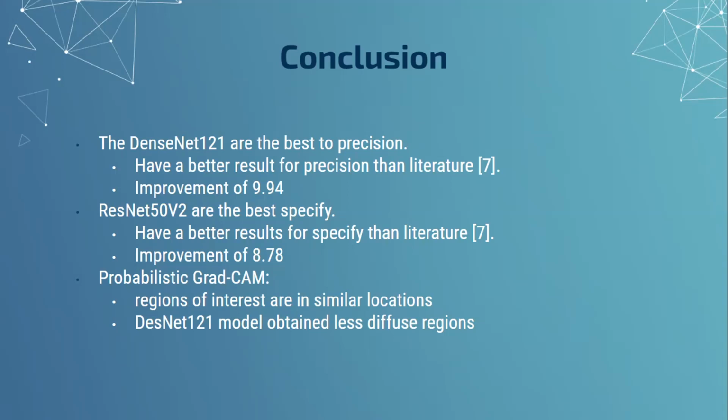Despite the worsening of specificity in DenseNet 15, this value was small compared to the high gain that this network achieved in precision. Even when analyzing the image generated by the Grad-CAM, it can be seen that the regions of interest are in similar locations, whereas the DenseNet models obtain less diffuse regions.